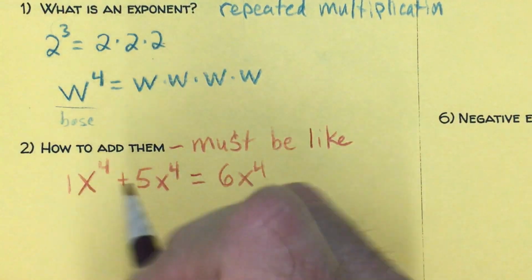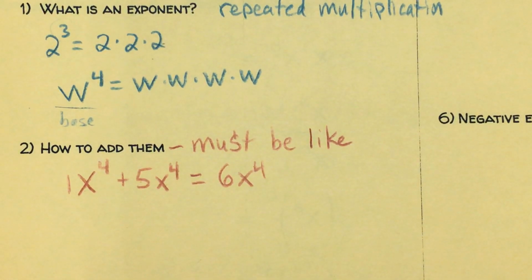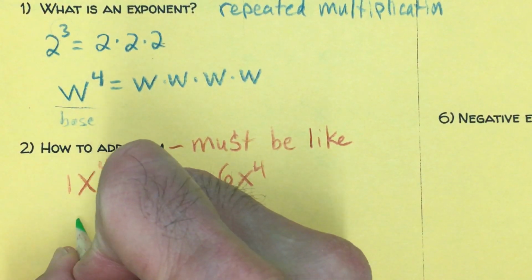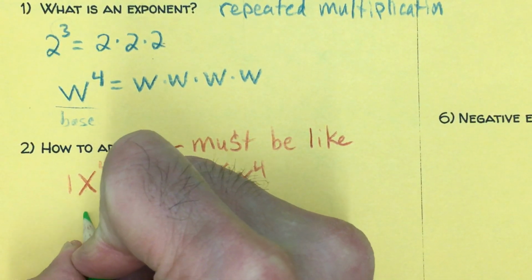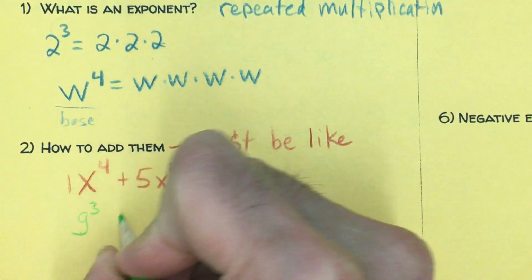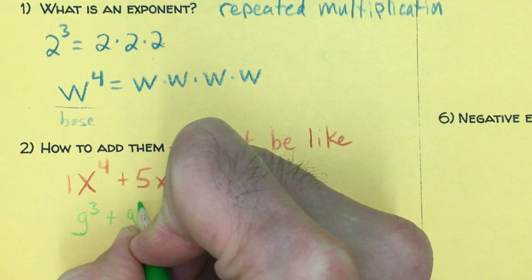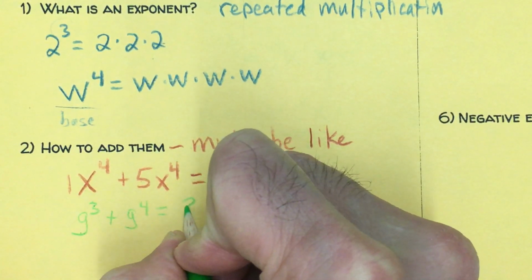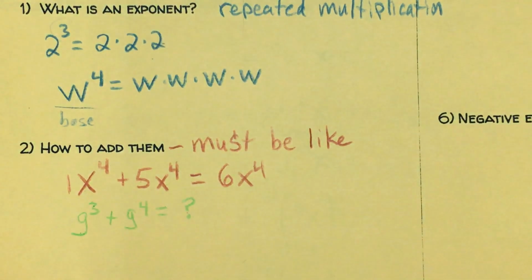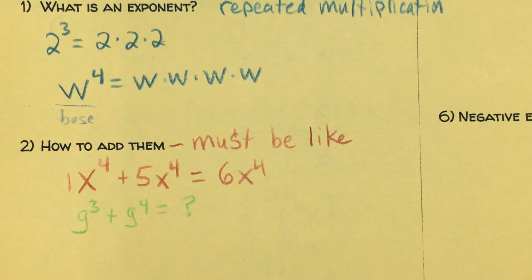If you try doing something like this, g to the third plus g to the fourth equals, I don't know, doesn't work. Let's try another color.